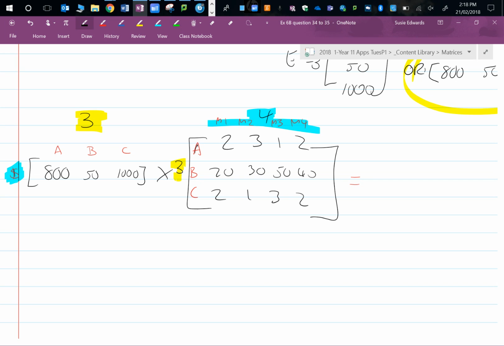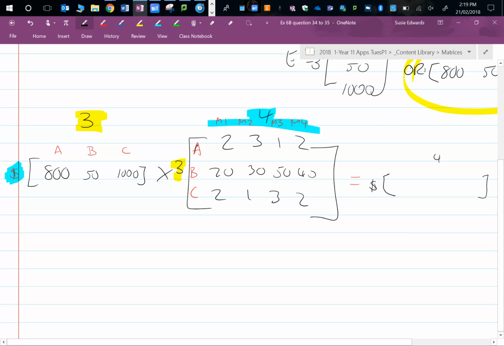Because your answer is going to be 1 by 4, your answer is actually also going to have those same labels. See how ABC is ABC? They balance each other out. They're related to each other. That's what we're multiplying. Whatever's left is actually what we're looking at.